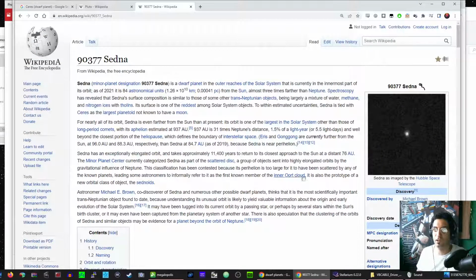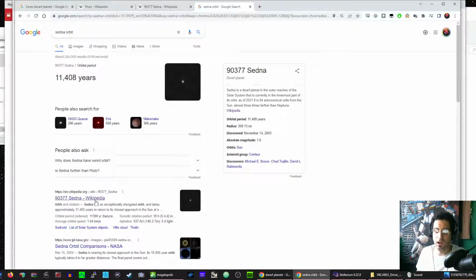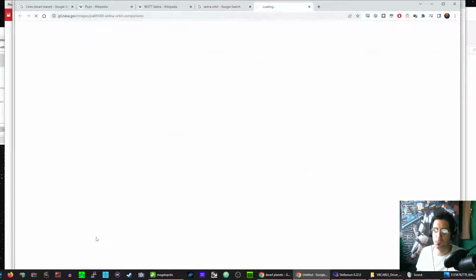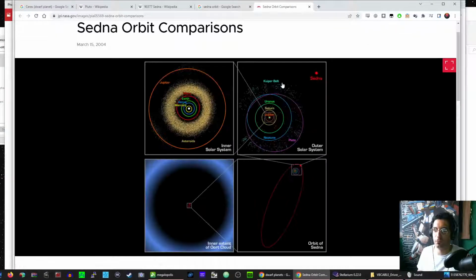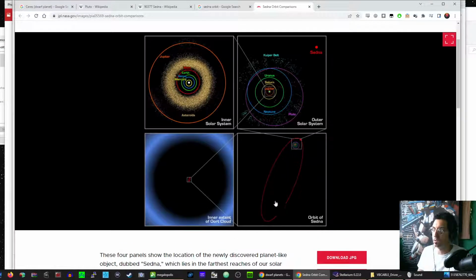So it's got a very elliptical orbit, and we can see that. In a future stream, I will prepare this a little bit more thoroughly. But Sedna is this red circle here. That is Sedna right there. This is everything else, and this is Sedna.